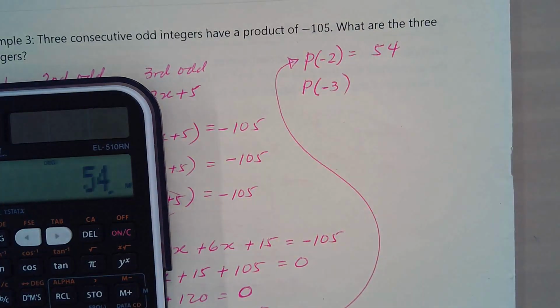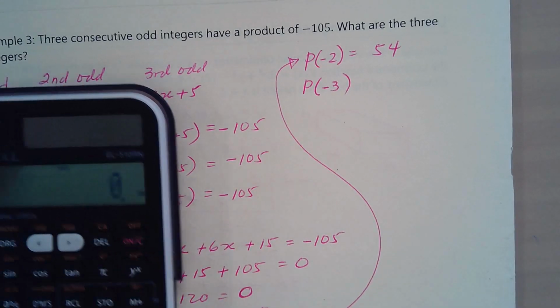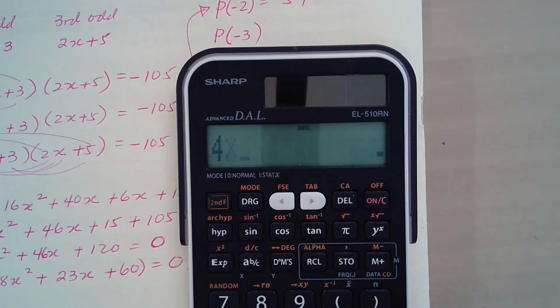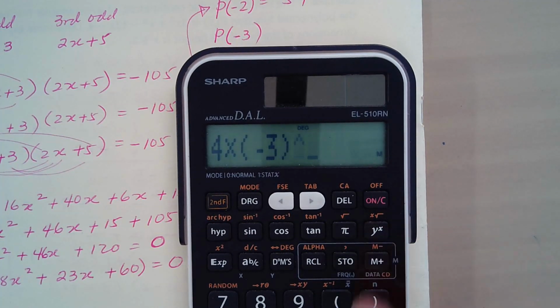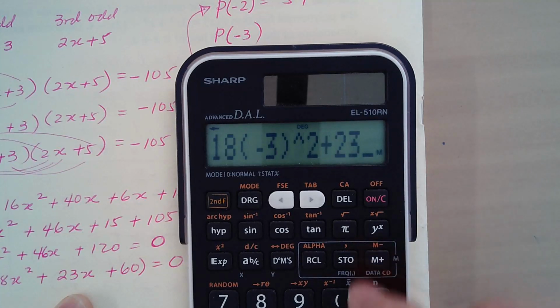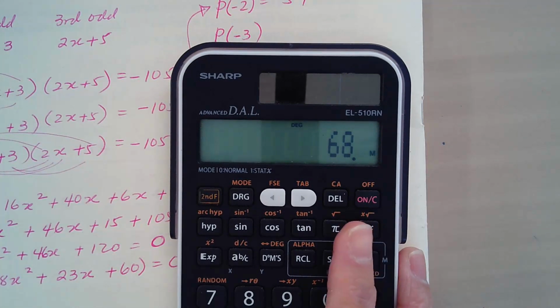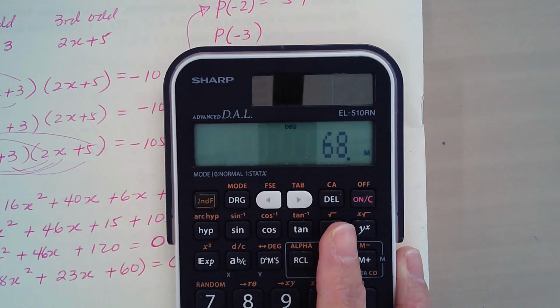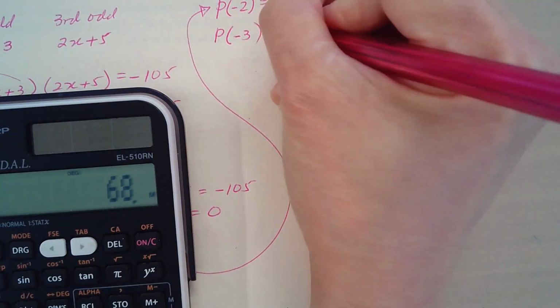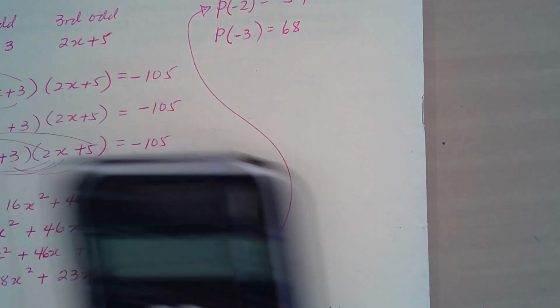Negative 3? Let's try negative 3. Okay, no, I didn't get a 0 either. Got a 68, so no. Did you get a 68 when you tried negative 3?